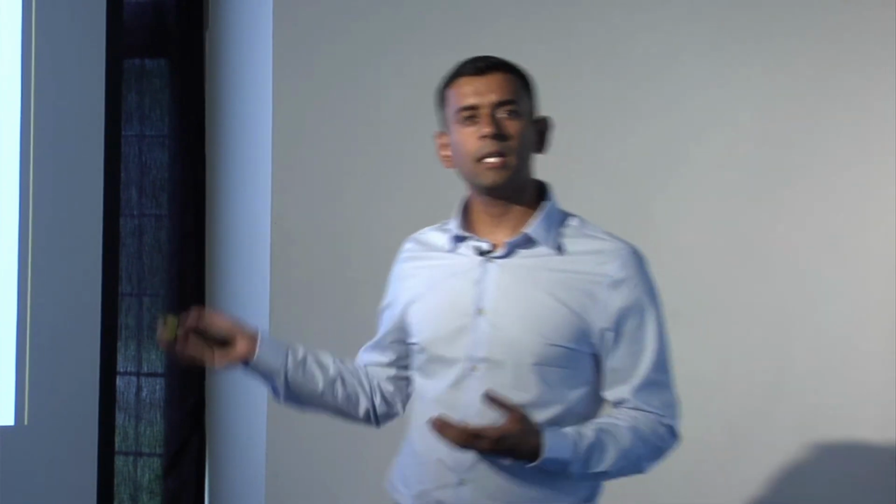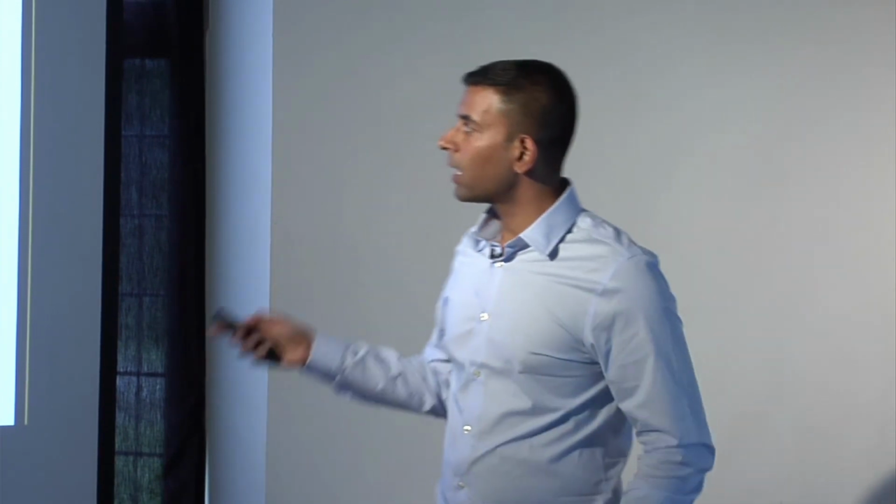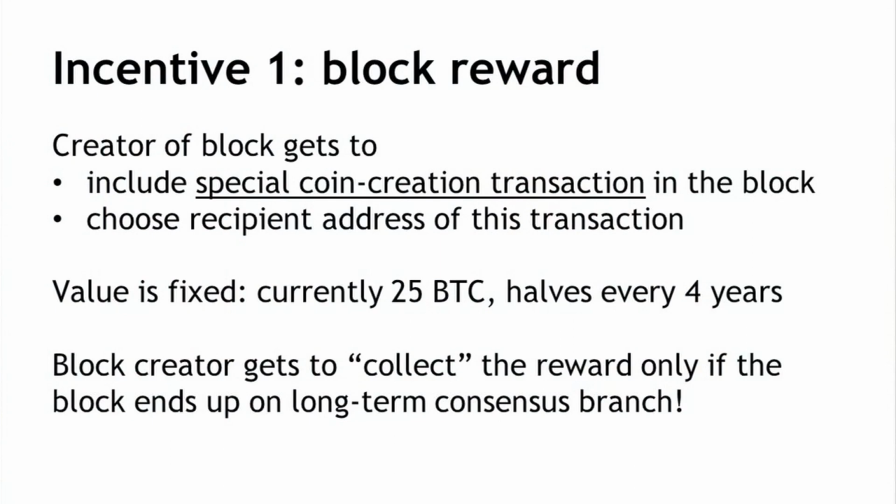But let me ask you this. It appears, based on what I've said here, that this node gets the block reward regardless of whether it proposes a block with only valid transactions or it behaves maliciously. So how are we actually providing any incentives for honest behavior via this block reward? But think about this. How will this node get to collect its reward?